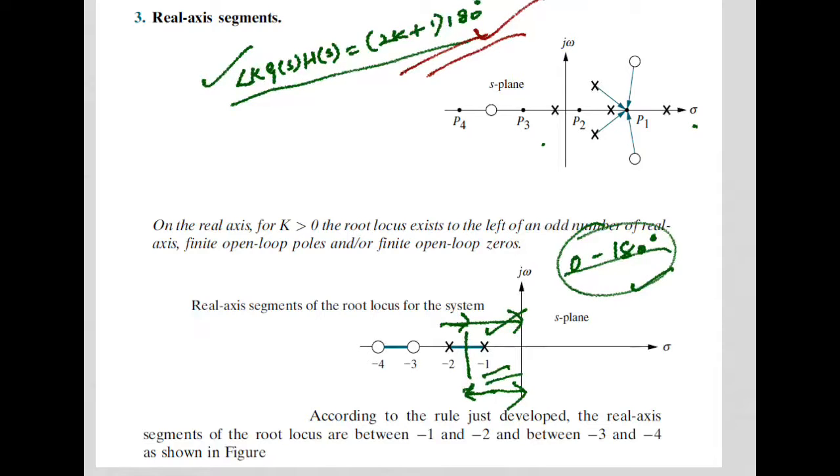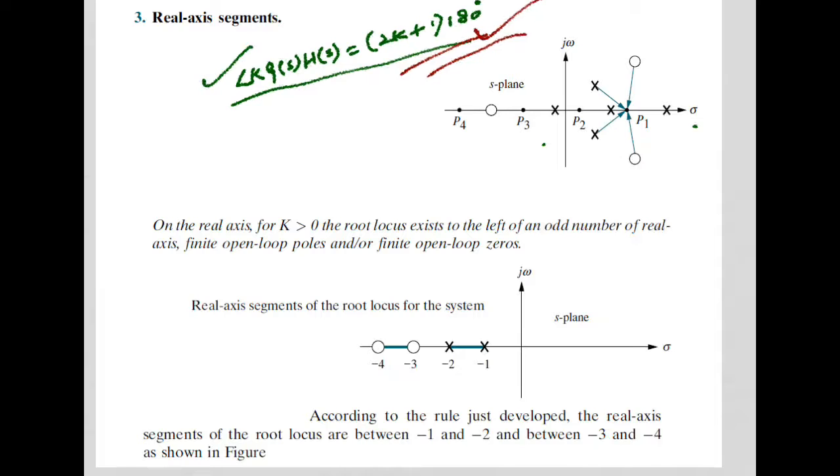Repeating the points: the first point is that the angles on the real axis alternate between 0 and 180 degrees. The second point is that the angle is 180 degrees for the regions of the real axis that exist to the left of an odd number of poles or zeros.